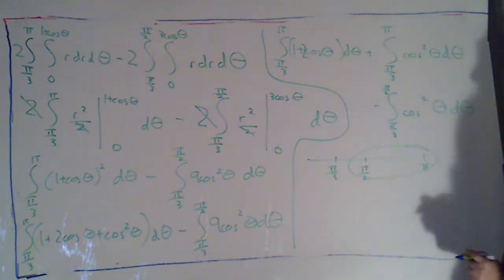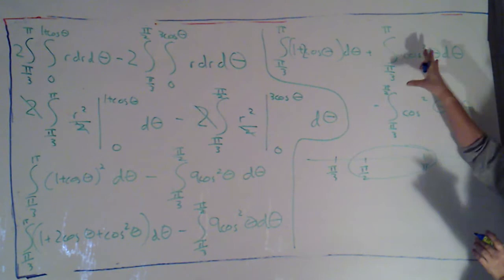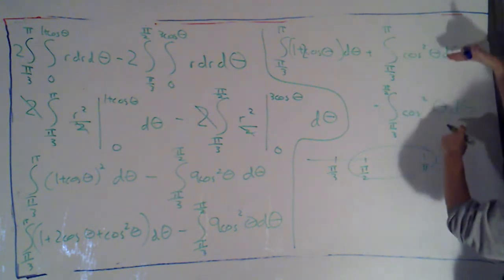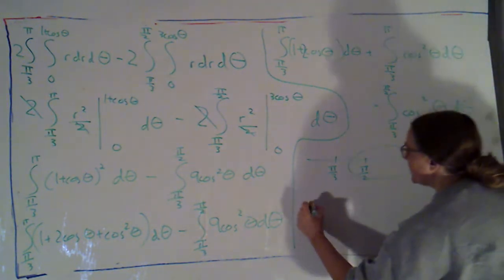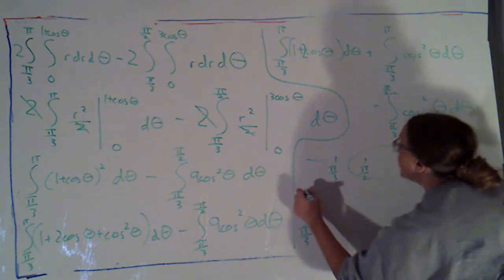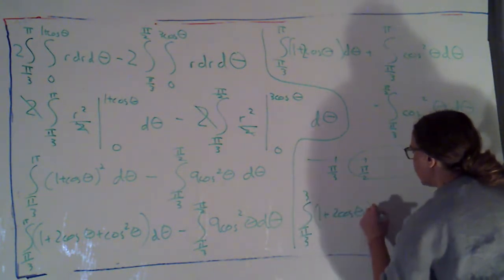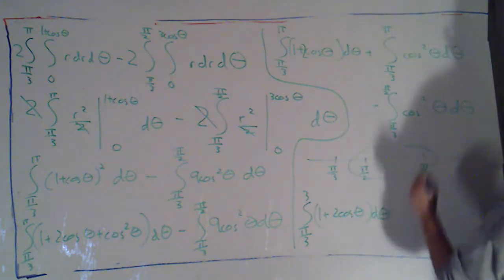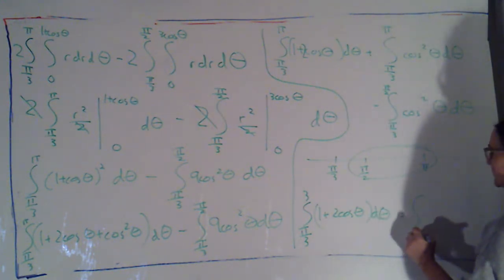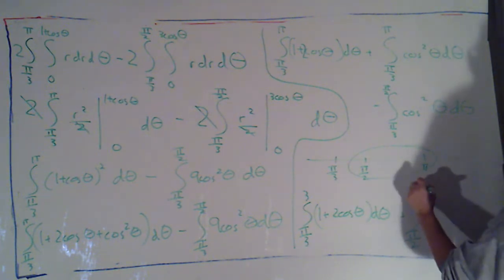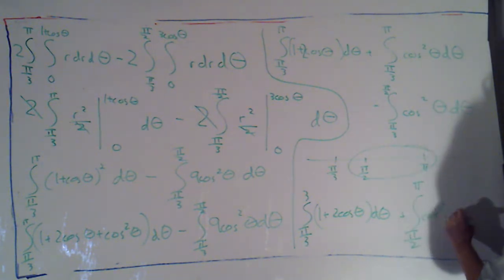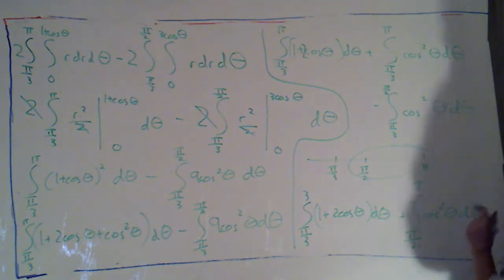What's left is just what I get over that interval. So I can consolidate. I can combine these two now into one integral. So we'll have the integral from pi over 3 to pi of 1 plus 2 cosine theta d theta plus the integral just from pi over 2 to pi of cosine squared theta d theta.